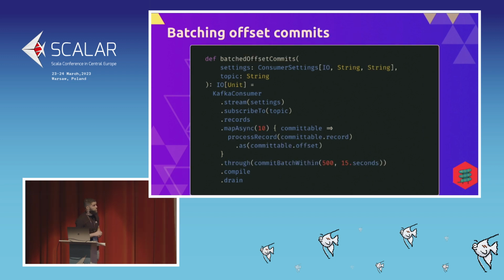And another, even easier tip is to avoid frequent offset commits. Most consumer applications need at-least-once message delivery semantics, and in that case, you have to manage offsets manually. In the previous examples, you saw that we can commit offsets by invoking the commit method after a message is processed.